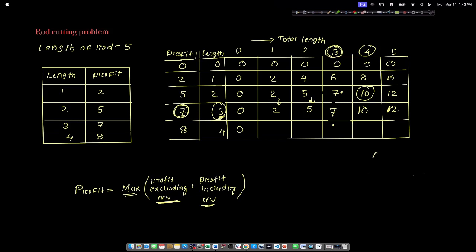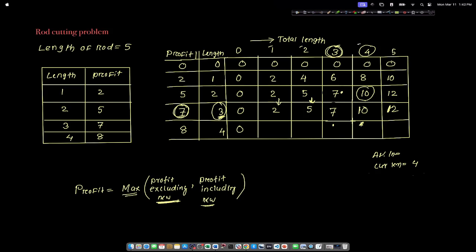Let's check the next row. Let's consider this row, the current length is equal to 4, and available length will go according to the numbers given in the columns.